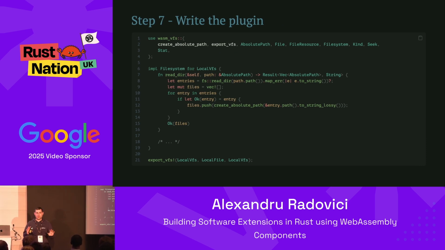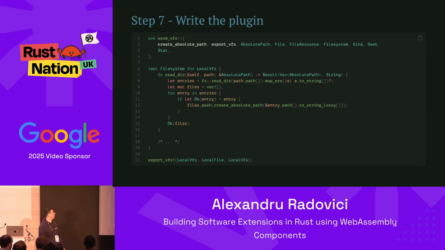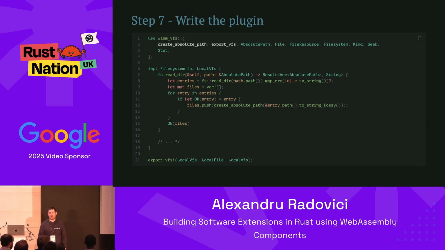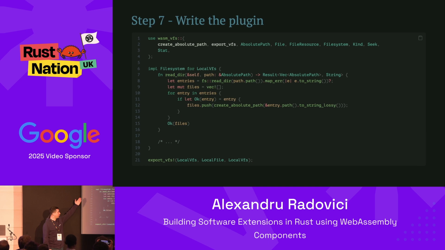Make a nice crate, import the crate that you have just defined, the WASM VFS in my case, create absolute path, export VFS, and the nice data types, which are the same as the ones defined in the WIT. You just implement for your whatever structure, local VFS, you implement file system, you implement file, and you go on.